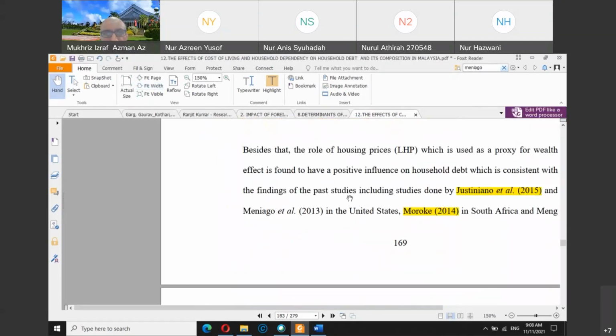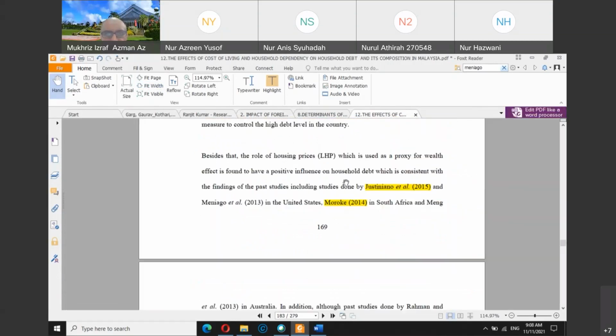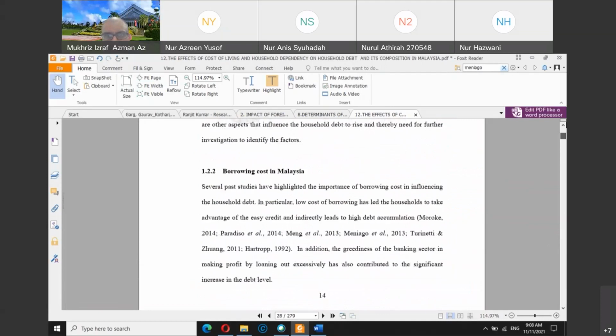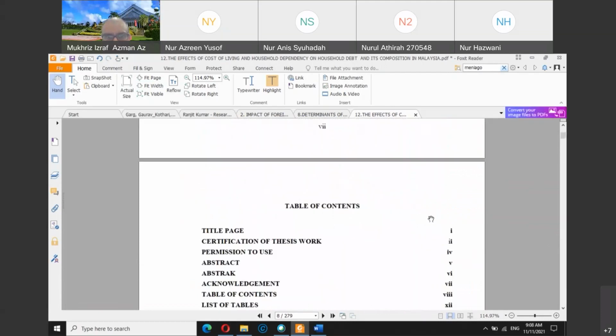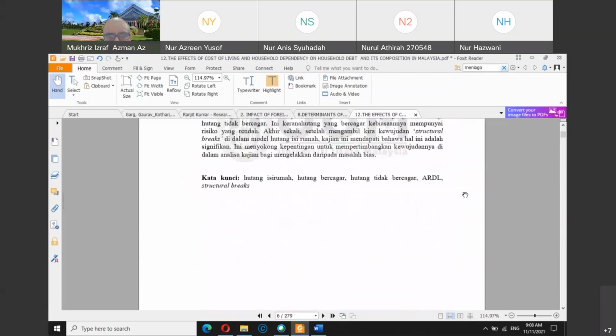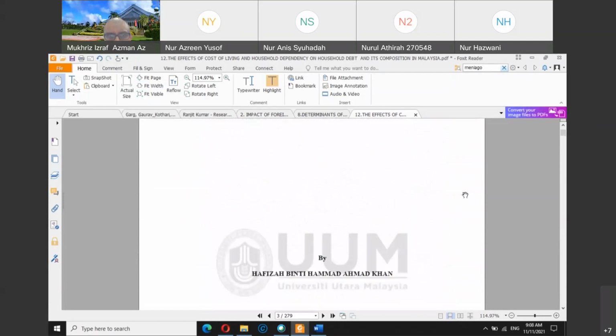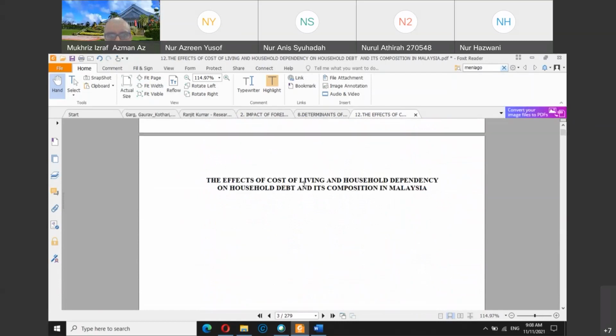For example, if you look at this particular thesis, the title is the effect of cost of living on household debt.